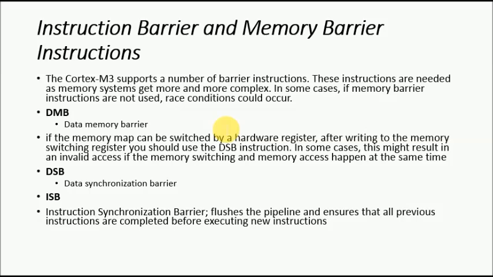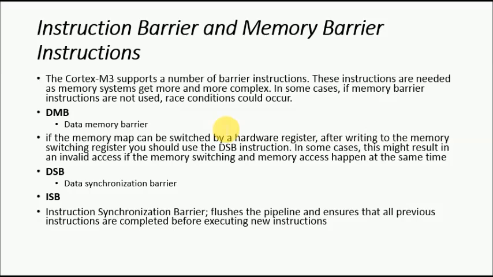Next is the data synchronization barrier. Similarly here, the memory requires some time to write the data. So if we are using multiple data at a time, then we have to synchronize the operation. The previous data writing should be completed, and then we write the next data.